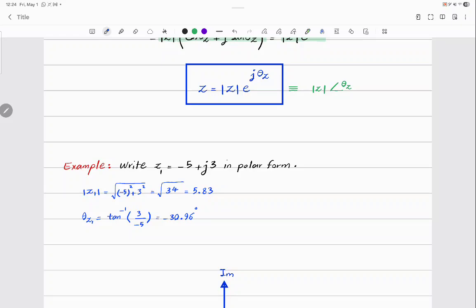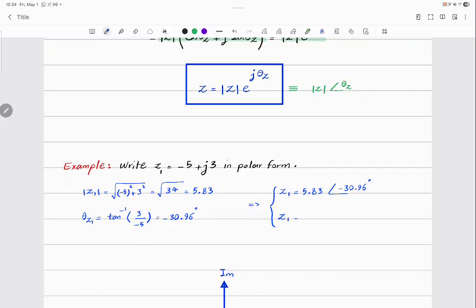Is it important to put the -30.96? Yes, but wait. Okay, so how can I write this in polar form? I can write z1 is equal to 5.83 with the angle -30.96 degrees.